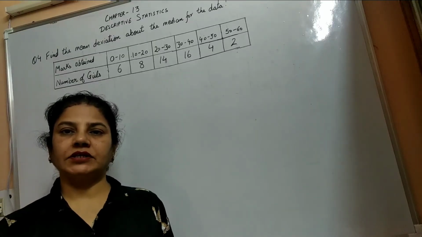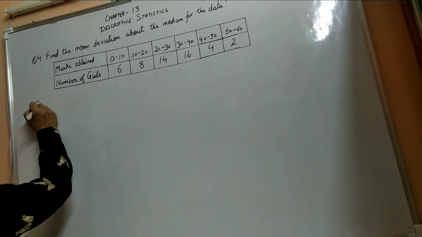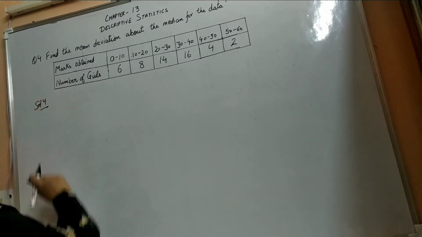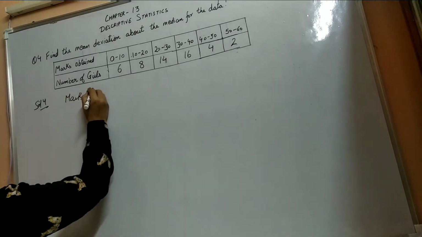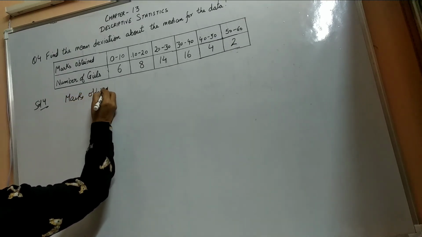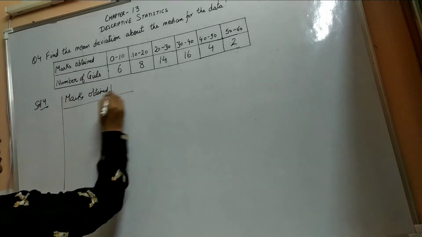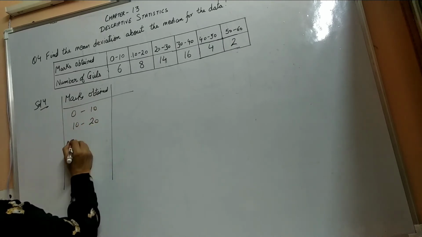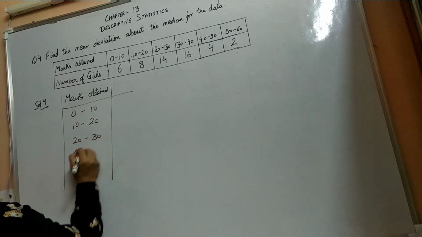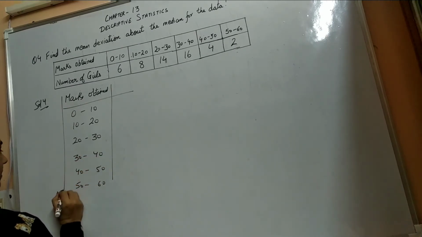Find the mean deviation about median of the grouped data. Data is given to you. In this case, we have marks obtained. Make the columns 0 to 10, 10 to 20, 20 to 30, 30 to 40, 40 to 50 and 50 to 60.